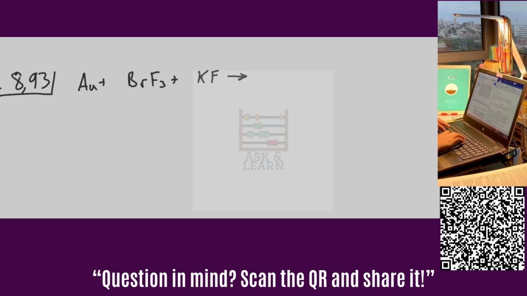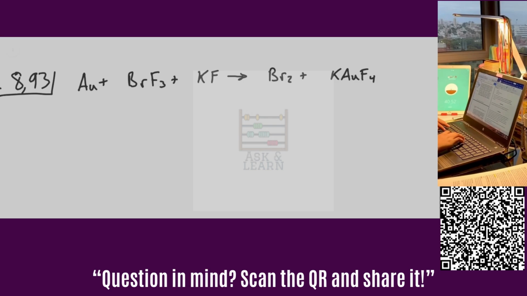So we're reacting gold with this BrF3 molecule and KF, and we're producing this bromine molecule Br2 and this gold salt KAuF4. So now we can balance this here.